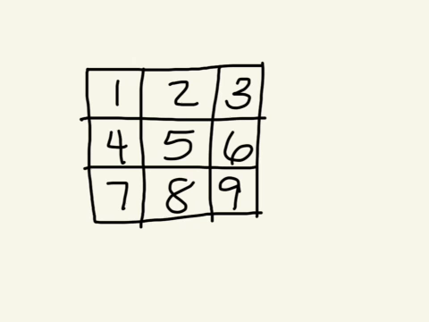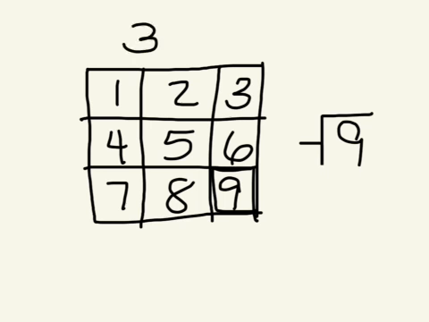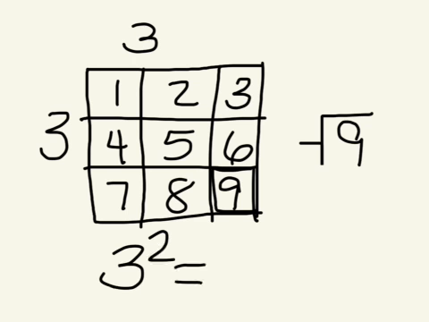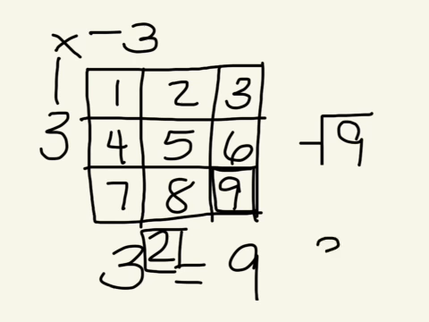This key number right here means this square represents the square root of 9, or it represents 3 squared, because 3 times 3 is 9. We know this little 2 up here tells us how many times we're going to write our base number. So if that little number says 2, we're going to write our number 2 times, and we're going to multiply 3 times 3.